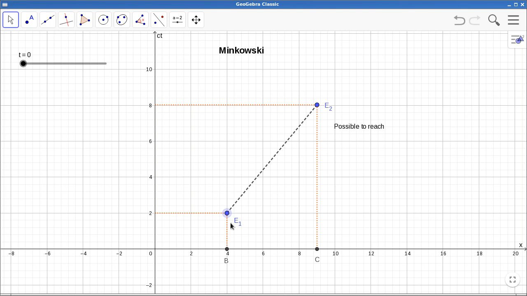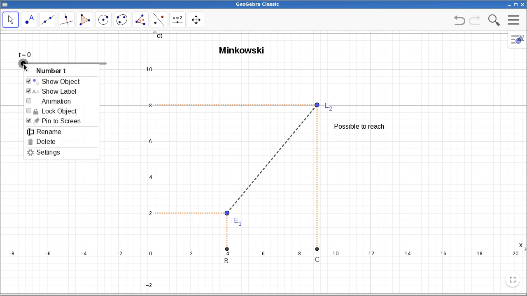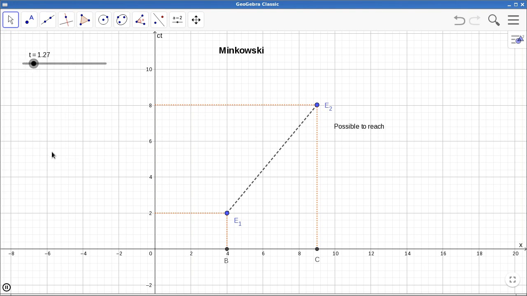Okay, let the packing or dispatching of the gift happen at location 4 at time 2. Now she dispatches the gift, and she is also going to send a wish message. Those wish messages are photons emitted from the event E1, and let's see how they will travel in Minkowski spacetime.